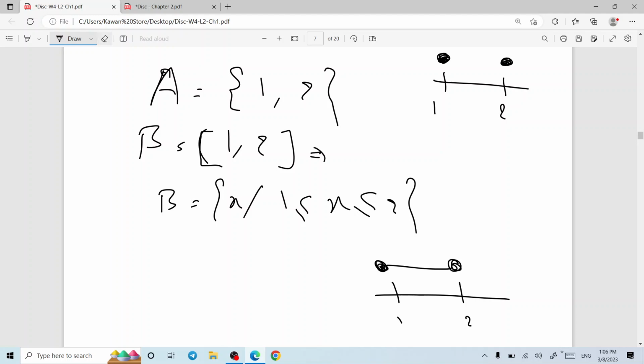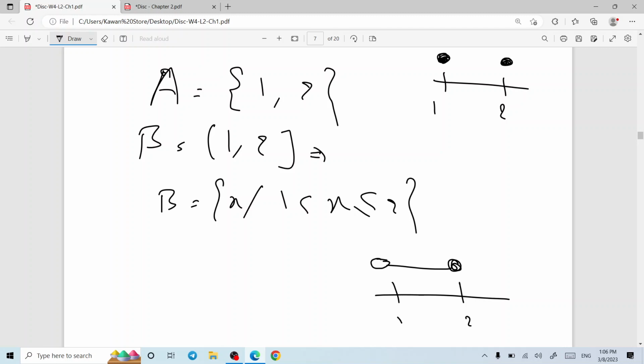When we exclude that one, 1 is not here, but we have infinite numbers, excluding 1. Here we have only 2 numbers.